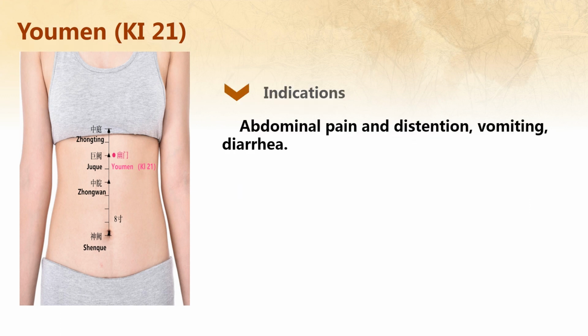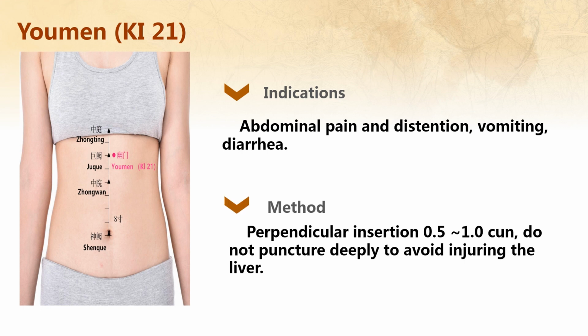The acupoint can cure abdominal pain and distension, vomiting, diarrhea. The operation method of this acupoint is perpendicular insertion 0.5 to 1 cun. Do not puncture deeply to avoid injuring the liver.